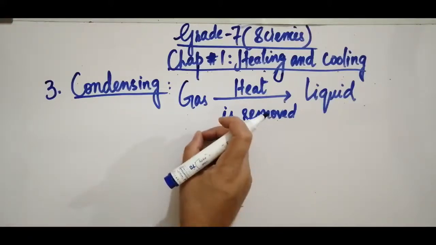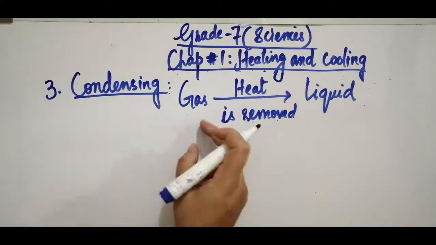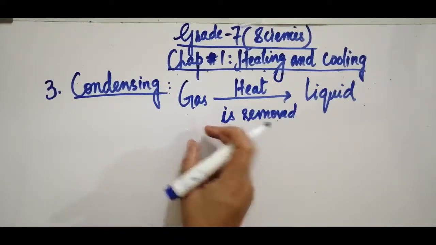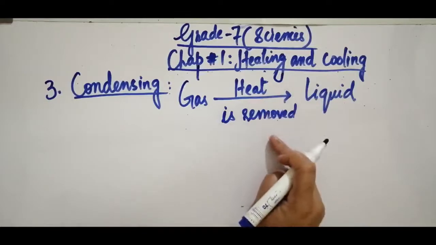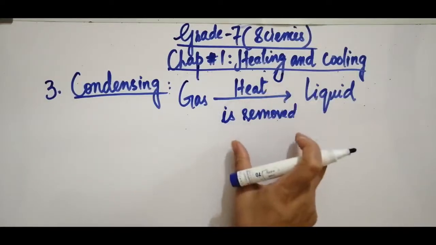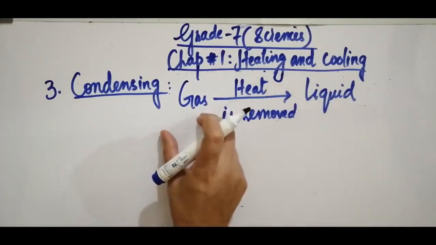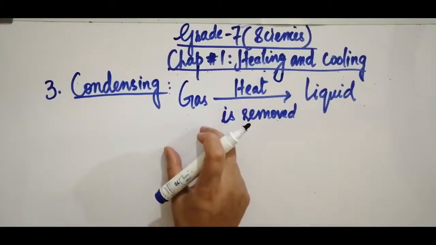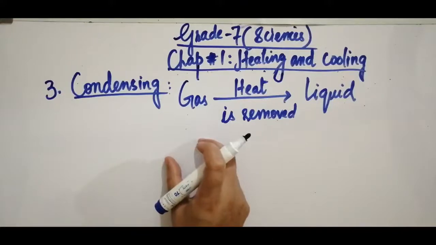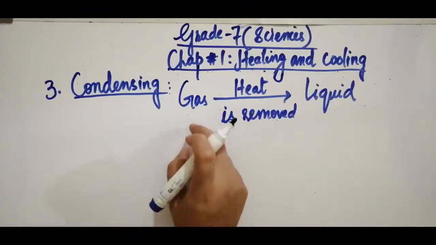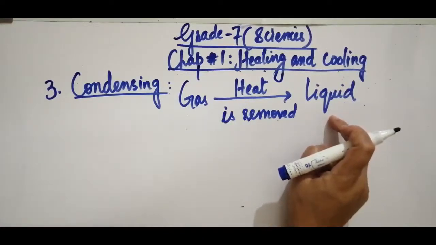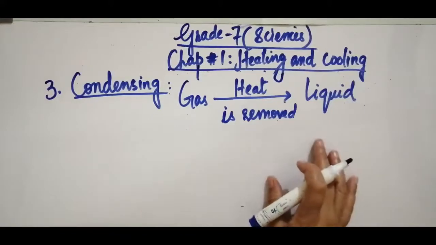But in the case of condensing, the gas molecules are not moving faster. Why? Because we have removed the heat energy. Now, there is no more heat energy present in the gas molecules. So their movement is a little bit slow. Not too slow, but a little slow, and now they are changing their state and changing back to the liquid once again. So this is the simple phenomenon of condensing.